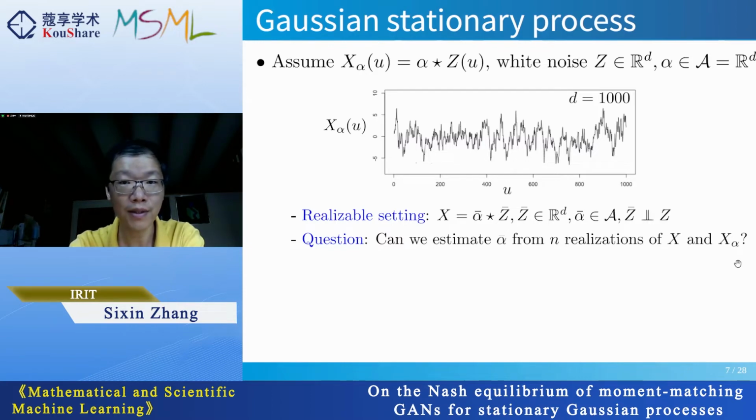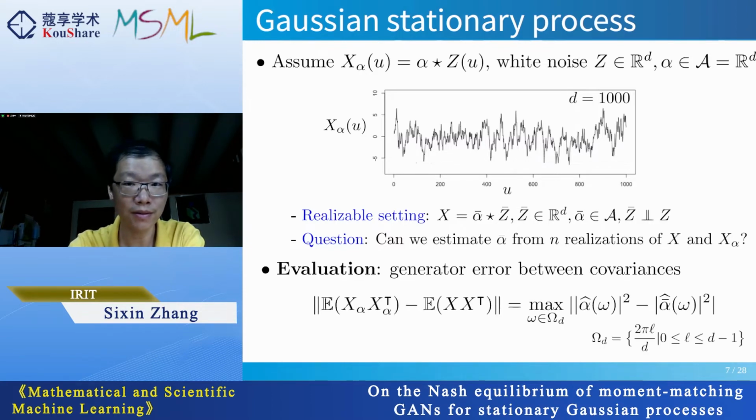And this question actually doesn't make too much sense in the Gaussian setting, because what we care about is the probability distribution of X alpha being close to X. So what we really want to measure is the covariance matrix. In the Gaussian case, the covariance matrix captures the distribution because we assume the mean is 0.